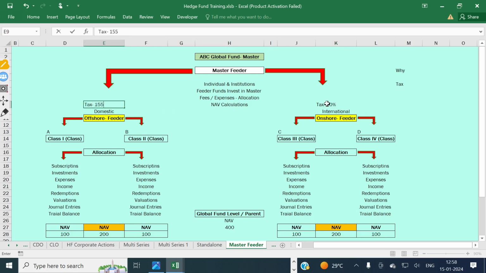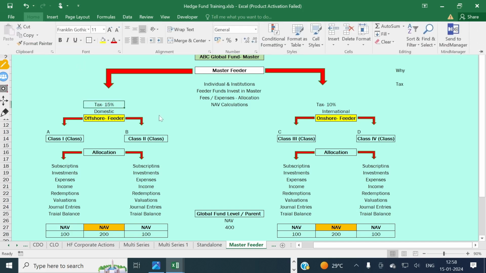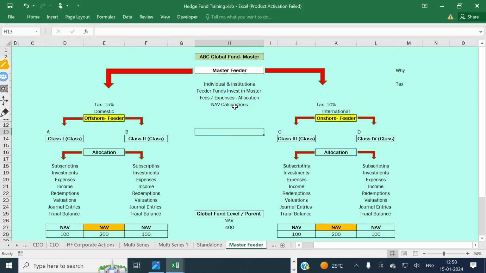So that becomes difficult if you merge all investors in one bucket. That's why we create a structure like master and feeder. All right, one is tax; another is if you have diversified investors or investors from different geography.